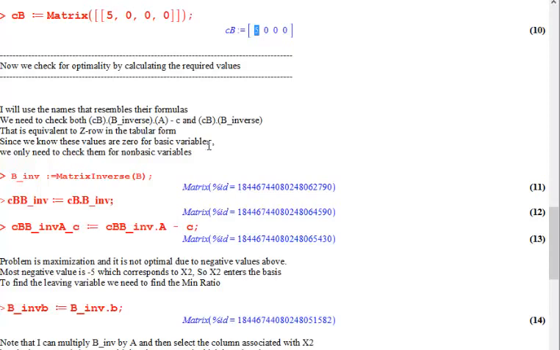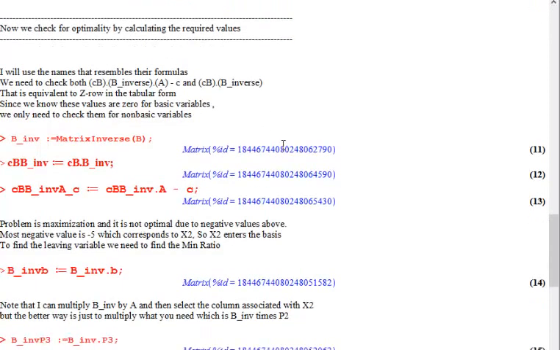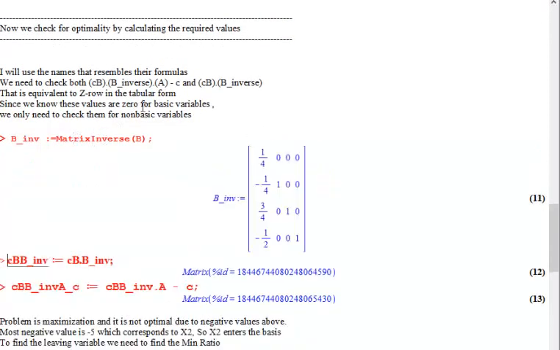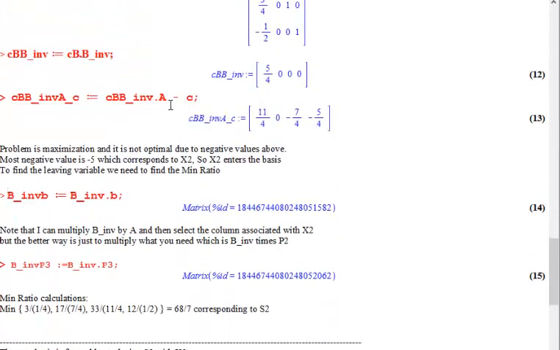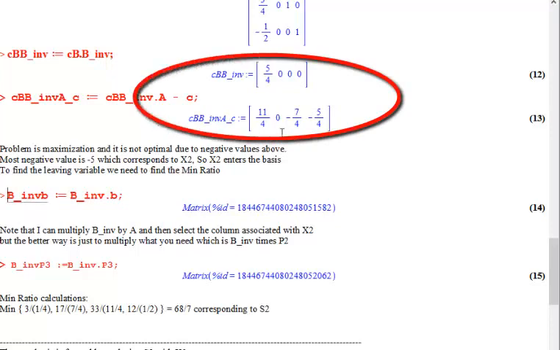Now I'm going to do the calculations for B inverse, CB B inverse, and CB B inverse A minus C. These two are my optimality conditions, and as you notice, I have a negative value in here and a negative value in here. These are the two negative values.